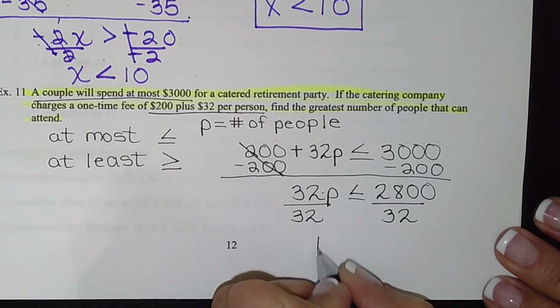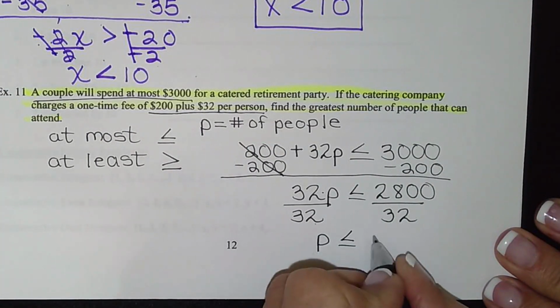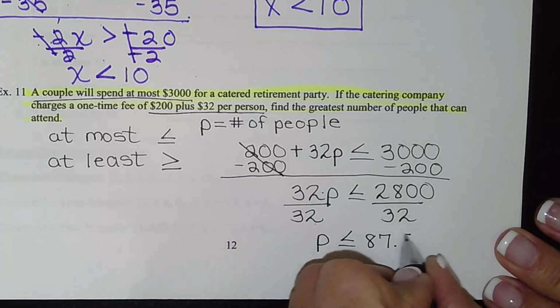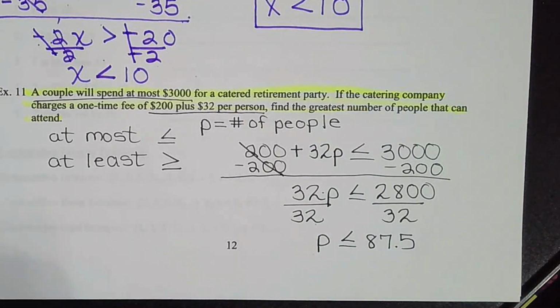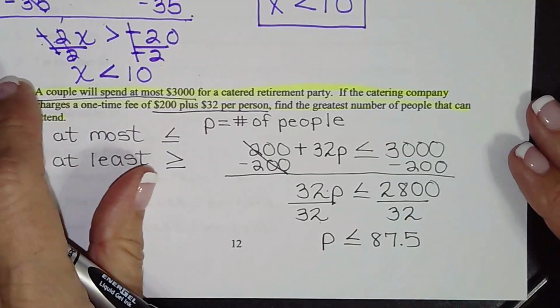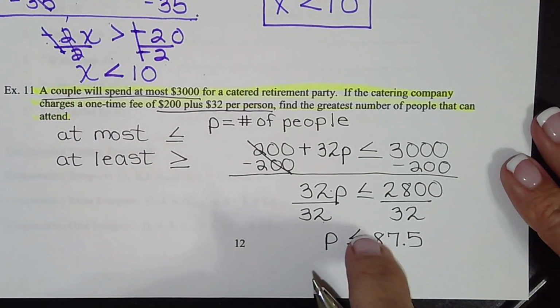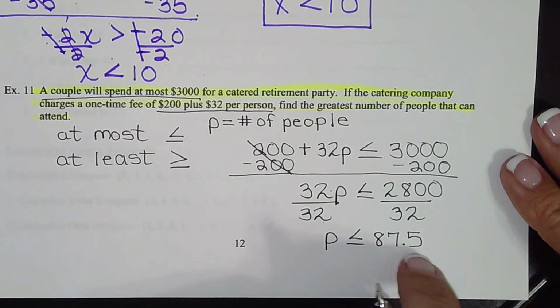87.5. I always hated these when I was in school because I didn't know whether to pick 88 or 87. But then when I was teaching, I thought, oh, well, the symbol tells you it has to be less than 87.5.